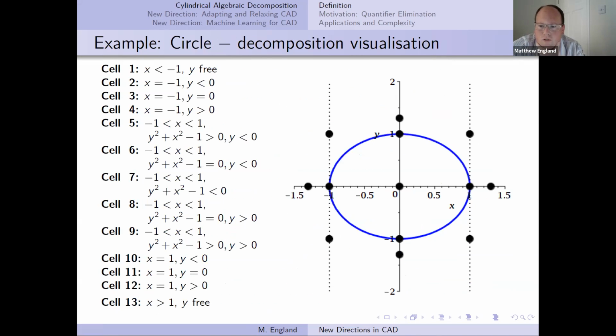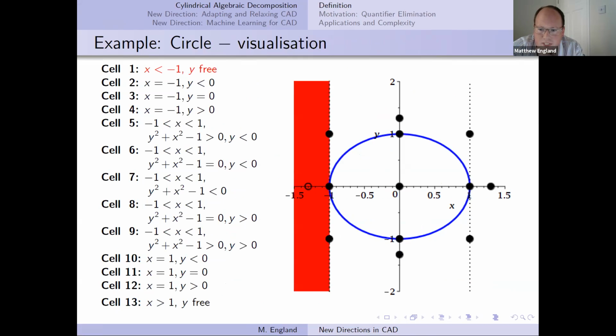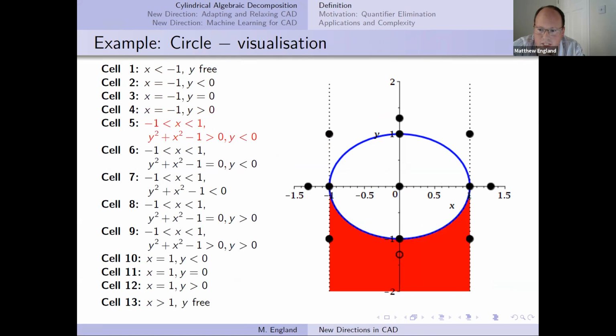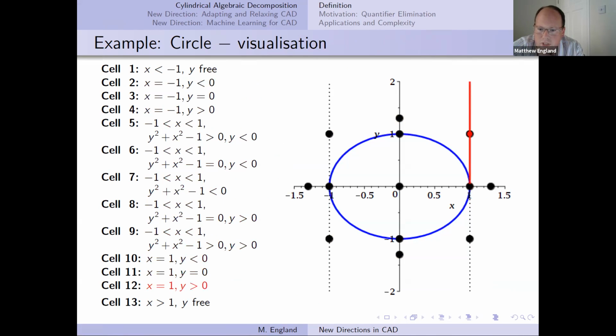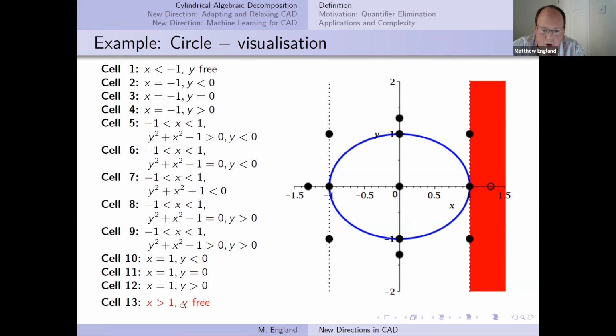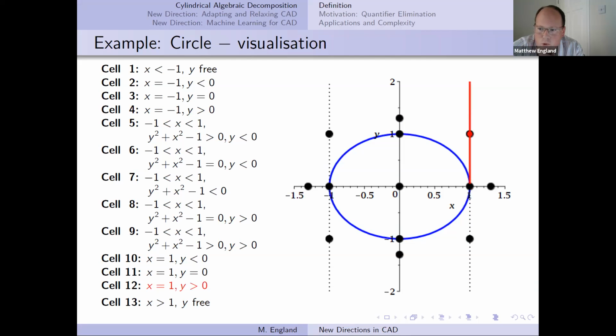So here's just a pictorial representation of that. It's a very simple CAD in the plane relative to the polynomial defining the unit circle. My CAD consists of 13 cells here that I'm cycling through, coloring them in red as we go. Each cell has a semi-algebraic definition on the left hand of the screen. Some of the cells are 2-dimensional, some are 1-dimensional, and some are 0-dimensional.